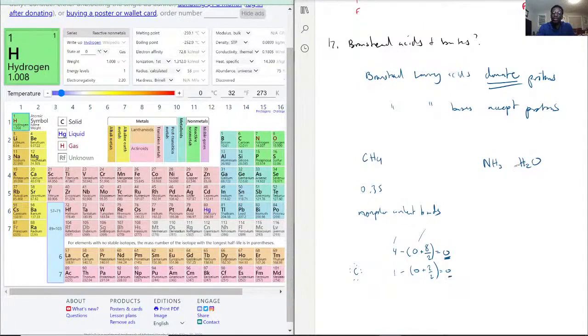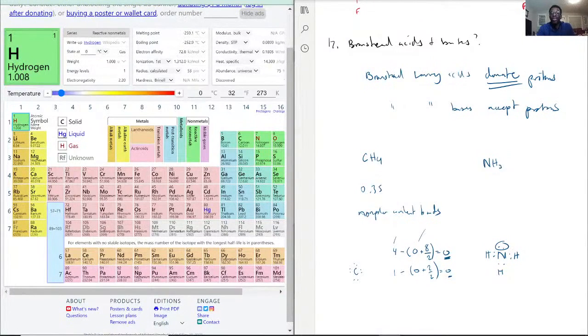NH3 is an example of a Bronsted-Lowry base because if you draw out its Lewis structure, it has 1 lone pair. This is a part that is perfectly fine accepting a proton.